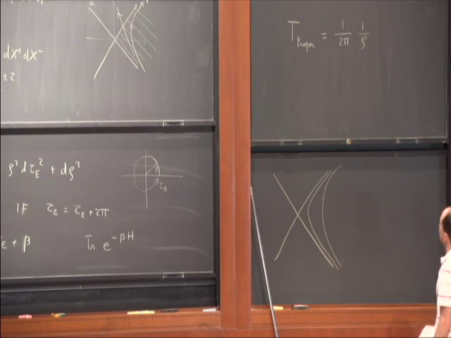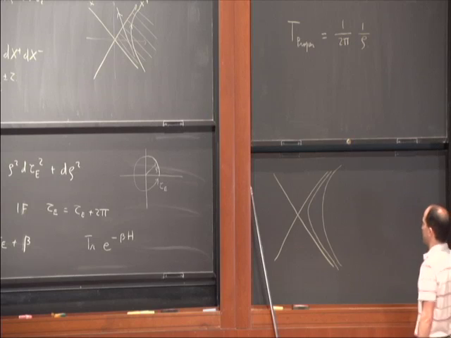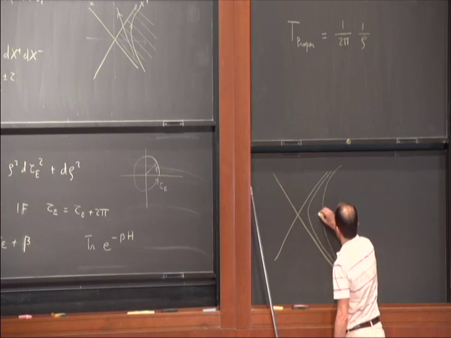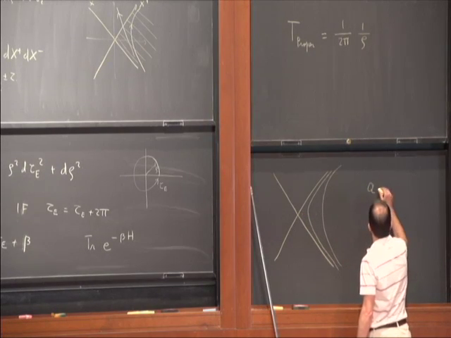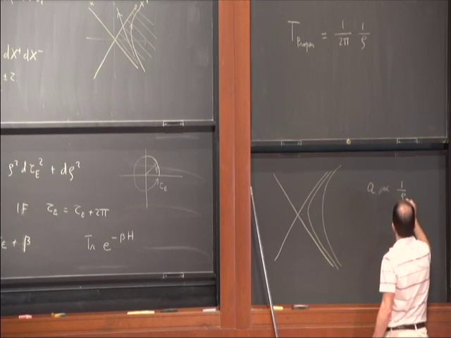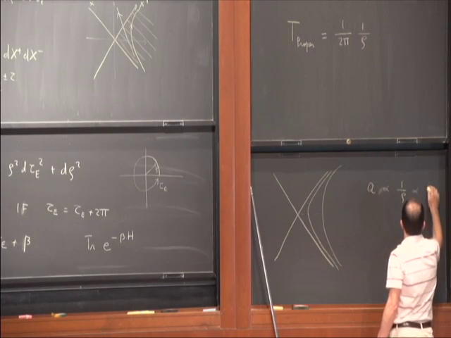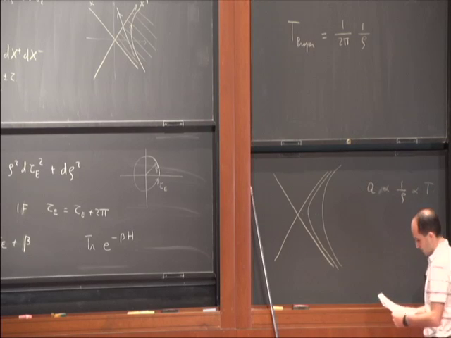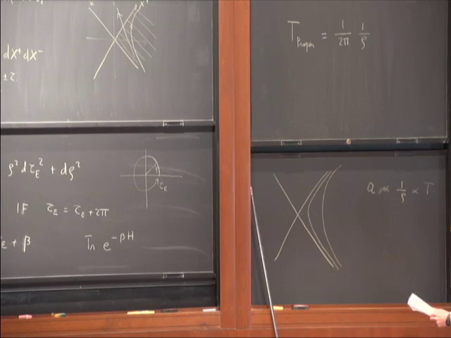His acceleration is also bigger, so you can check that the proper acceleration of these trajectories is also proportional to 1 over rho, okay, and proportional to the temperature. Okay. So this is in units where the speed of light is 1.